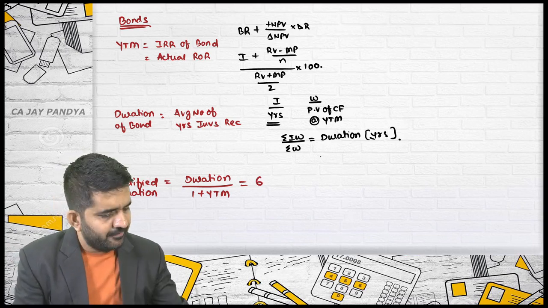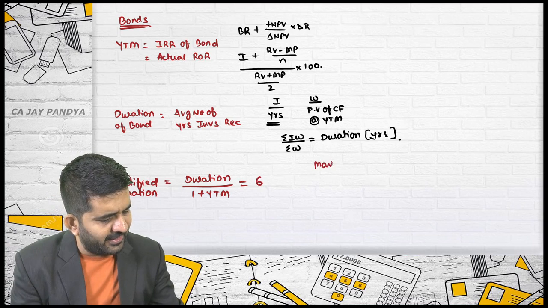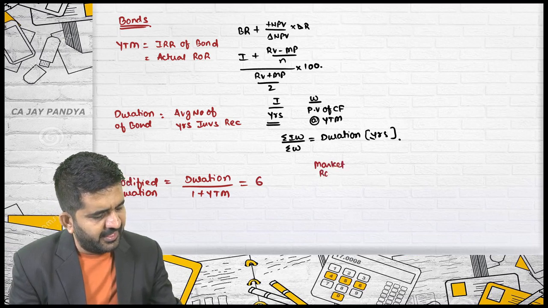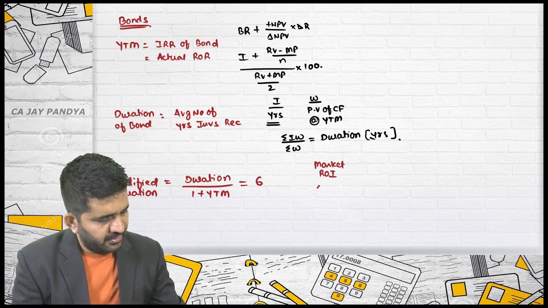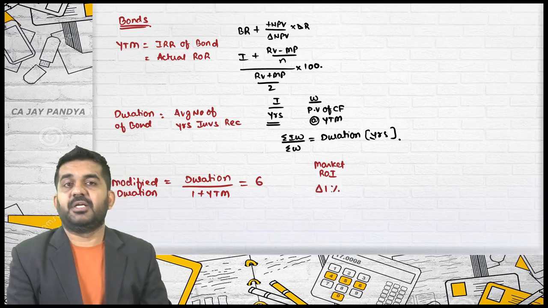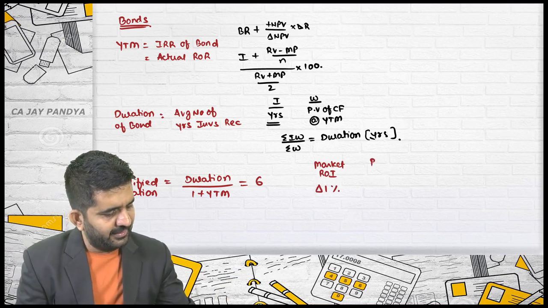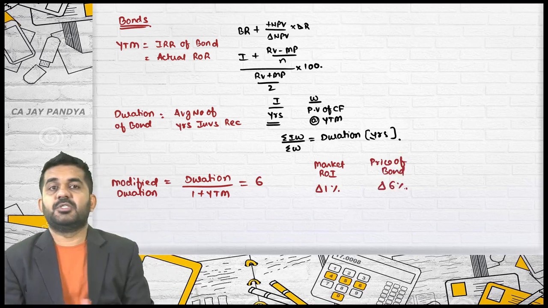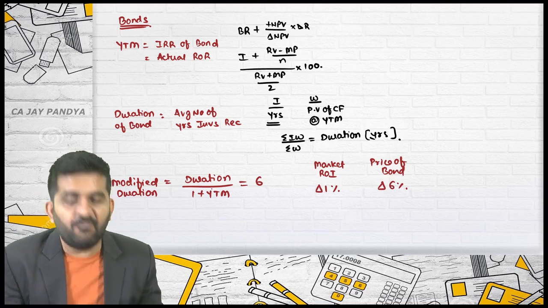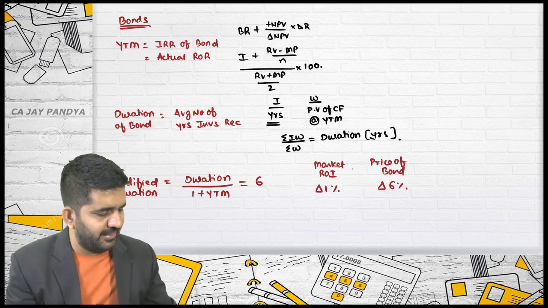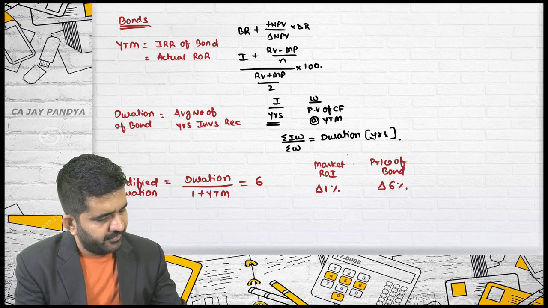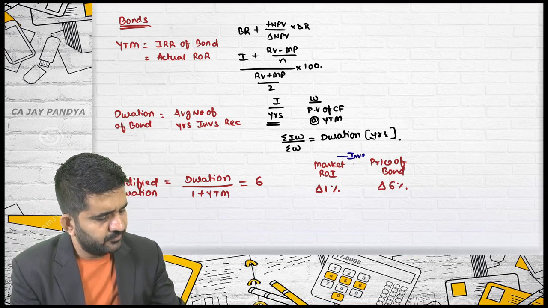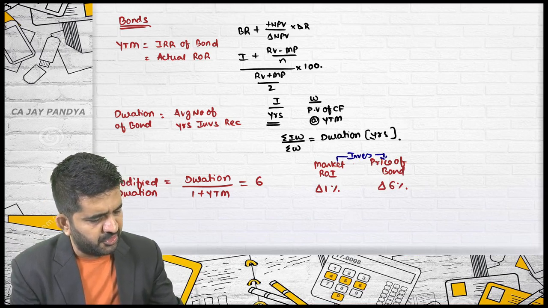What does it mean? If the market rate of interest changes by 1%, then the price of the bond will change by 6%. This is the meaning of modified duration. Now understand, these both have an inverse relationship.